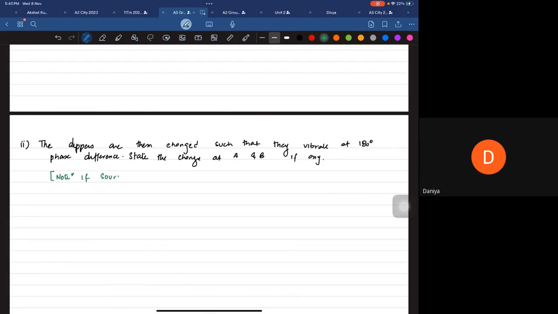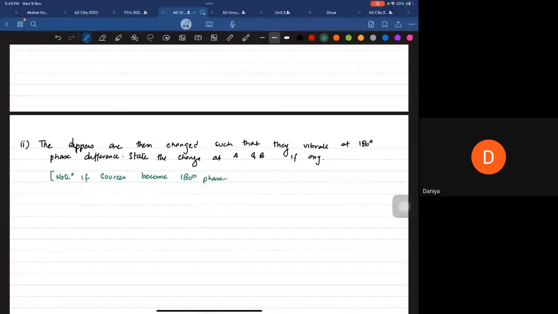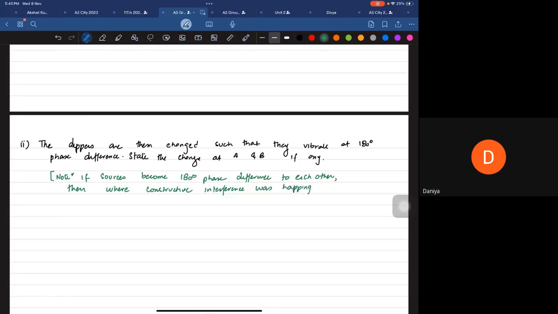If sources become 180 degrees phase difference to each other, then where constructive interference was happening, now destructive interference will happen, and vice versa. Like where destructive was happening, now constructive will happen.